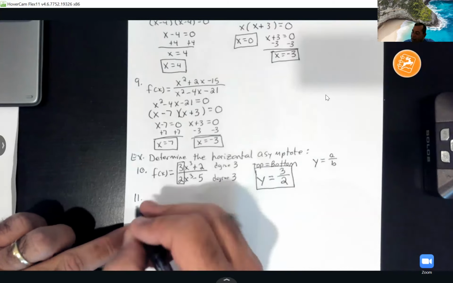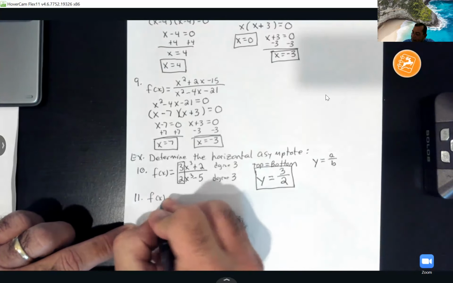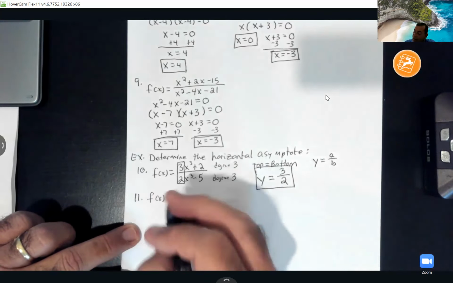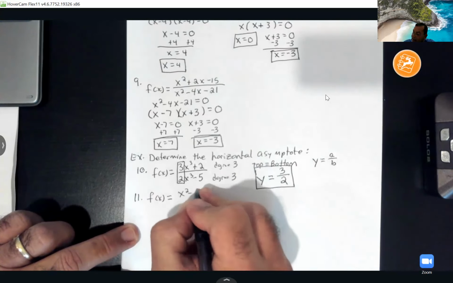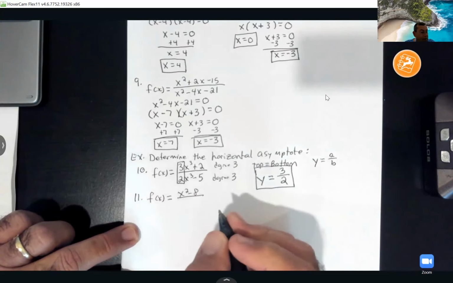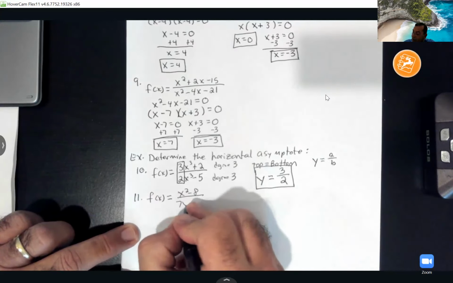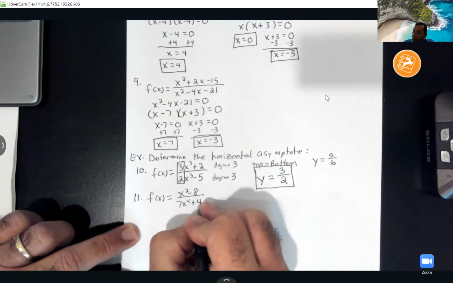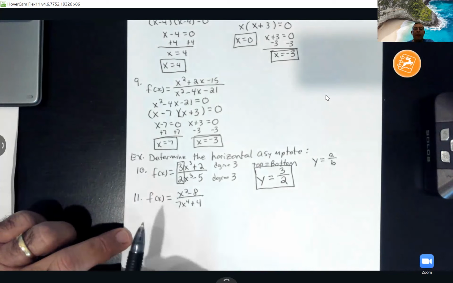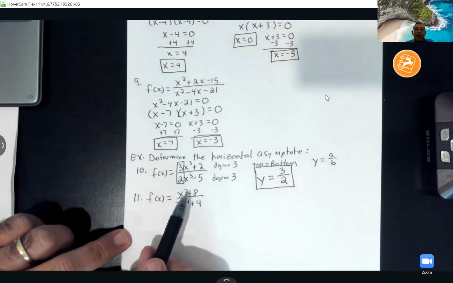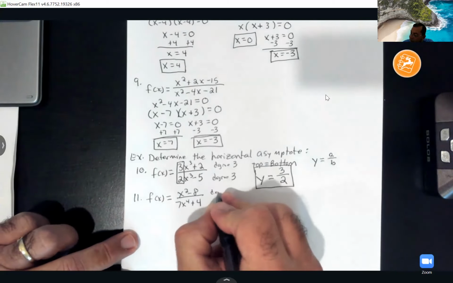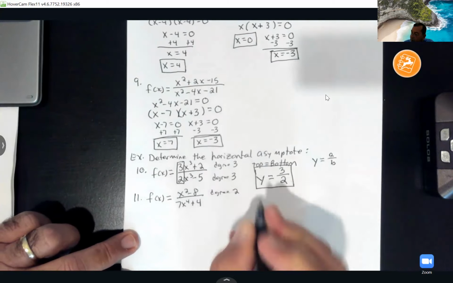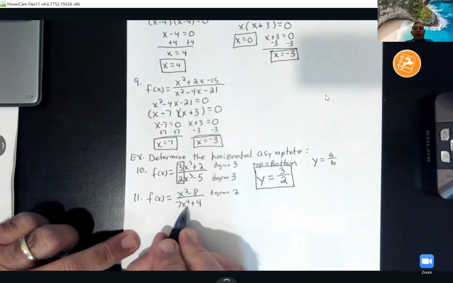All right, y'all, let's try f of x equals x squared minus 8 over 7x to the 4th plus 4. All right, so let's see. My top is a degree 2. My bottom is a degree 4.